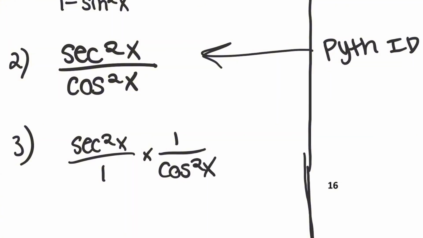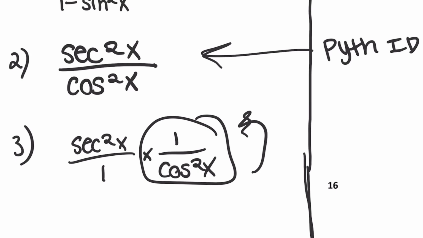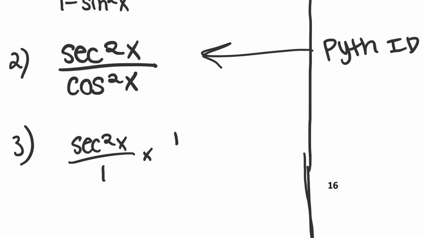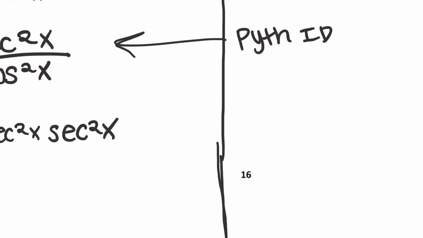And then we know that this can be moved to the numerator and be changed to secant squared theta. So this would be the same as secant squared theta times secant squared theta according to the reciprocal identity.